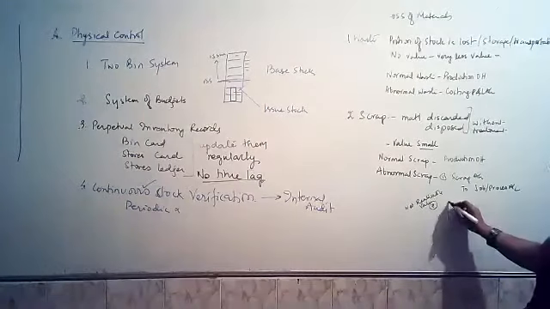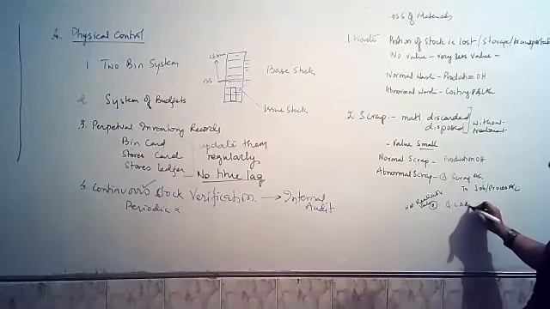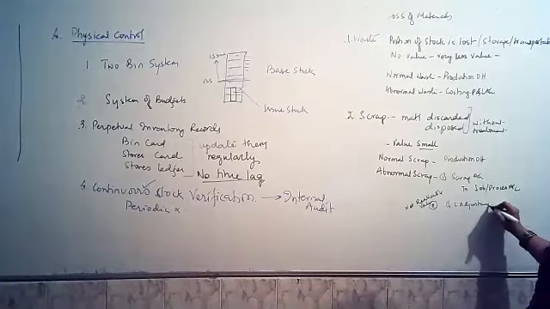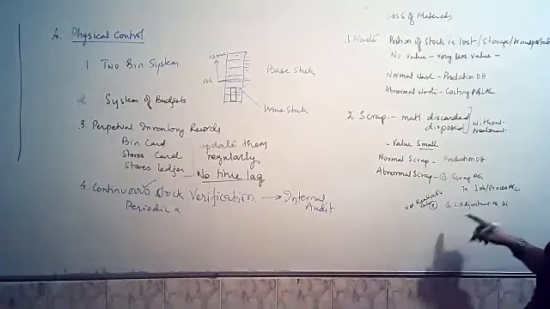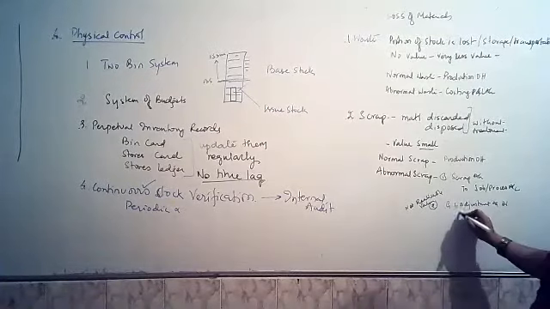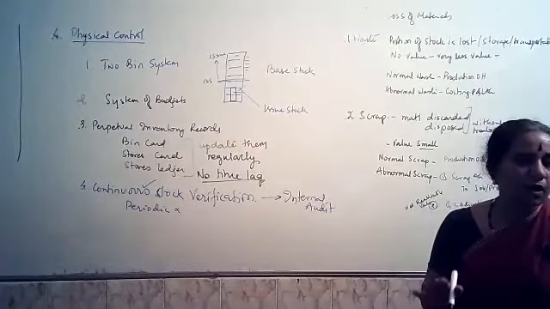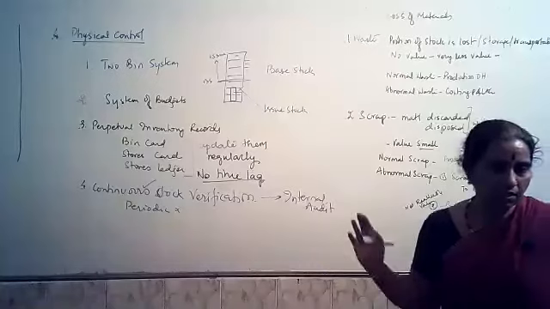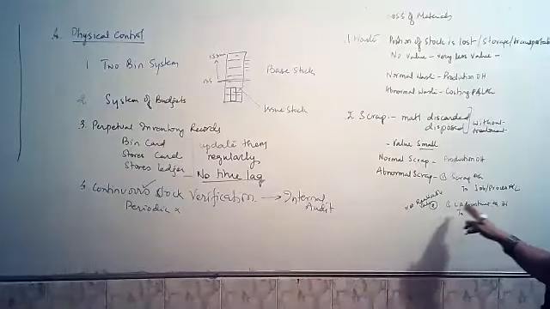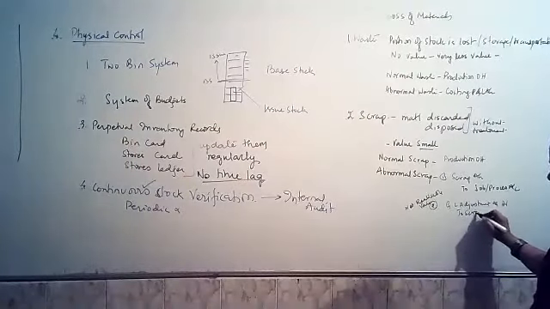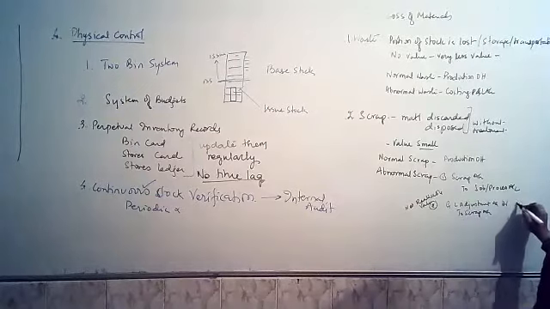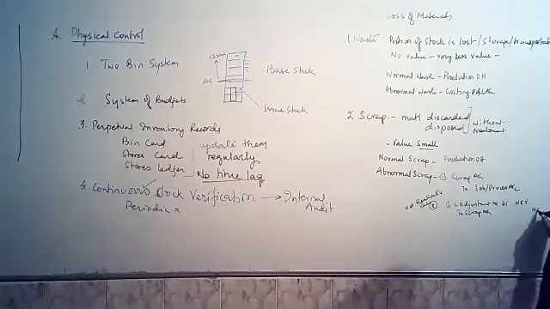So debit the GL adjustment account, because in my costing accounts I never use the cash account. That is the reason I am using the GL adjustment account, credit to scrap account, with the net realizable value.